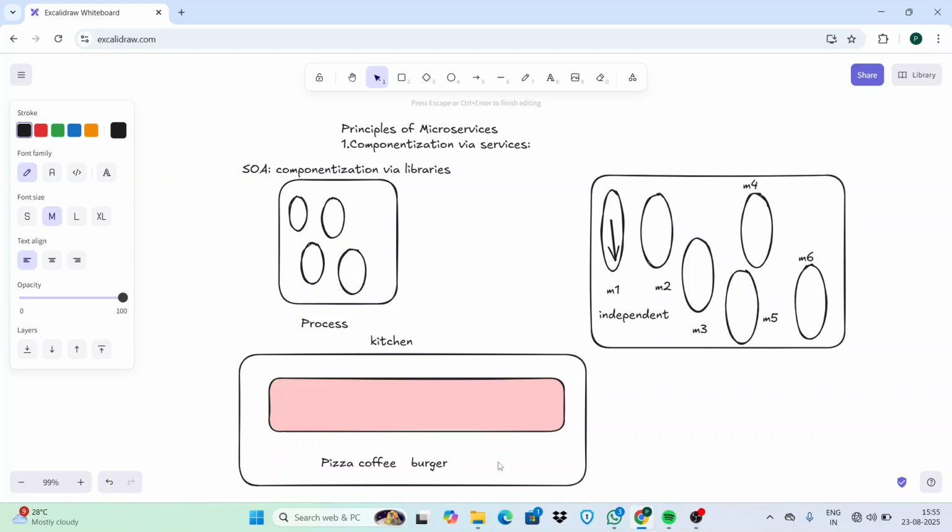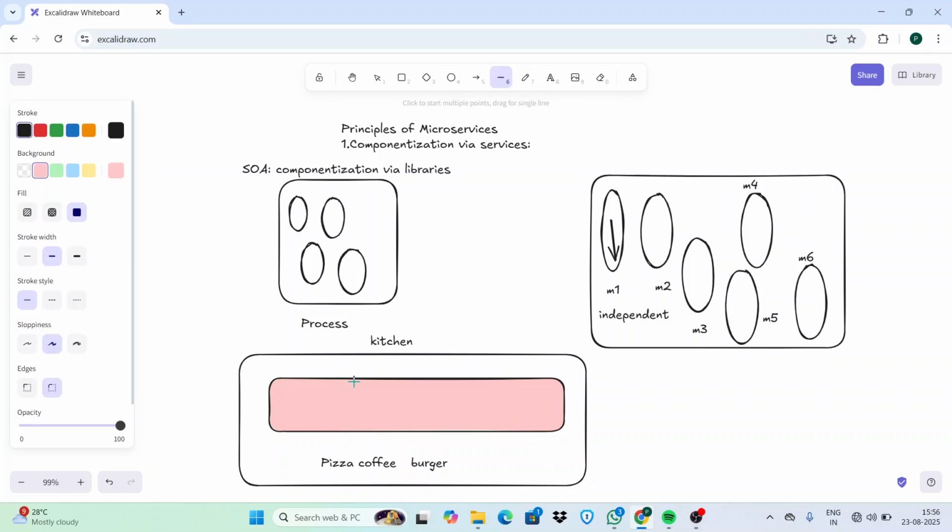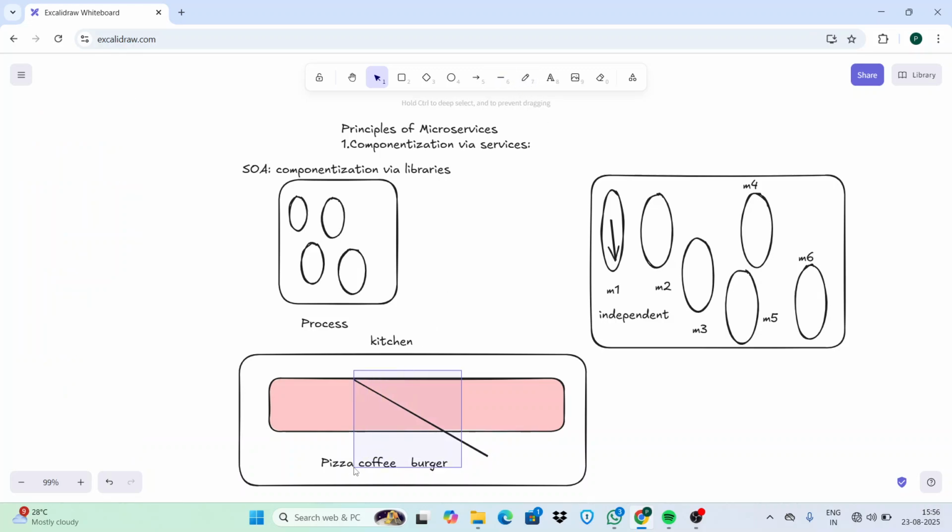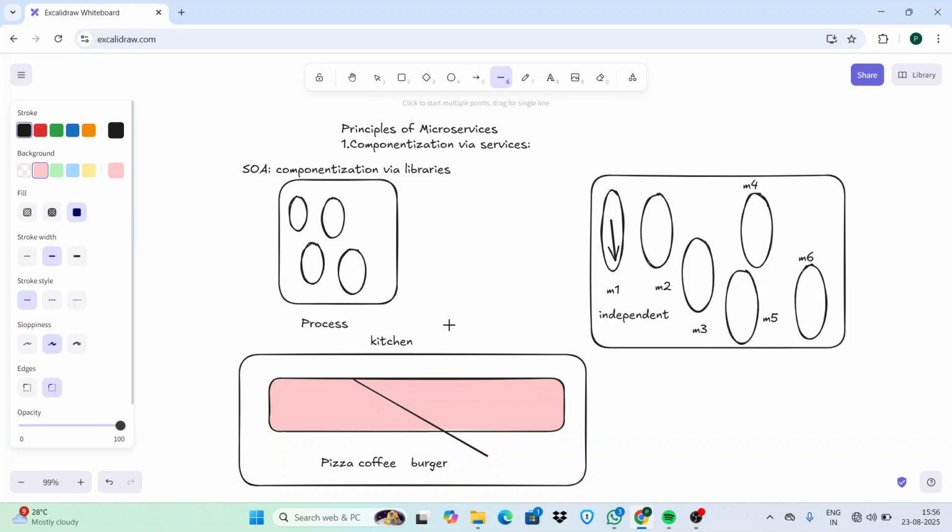Even if we divide the work into a pizza team, coffee team, and burger team, they are still stuck in the same kitchen. And if this kitchen fails or closes, nothing will work.